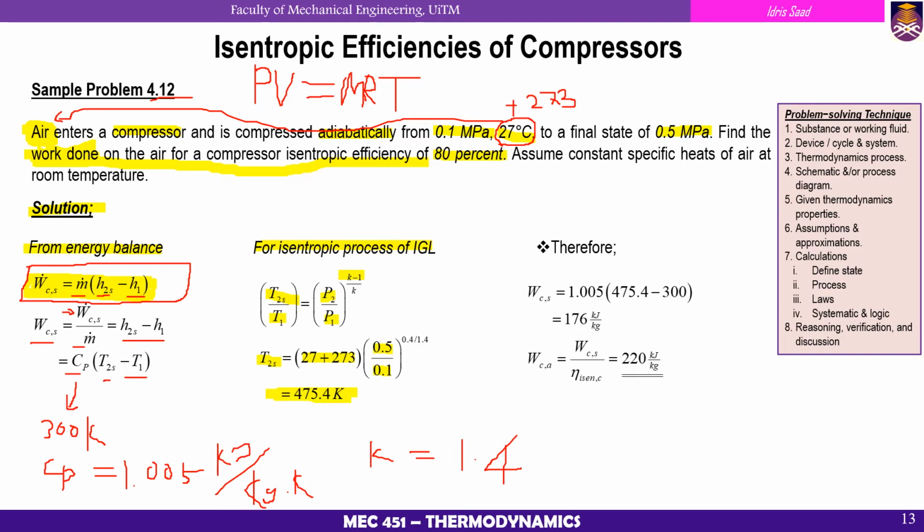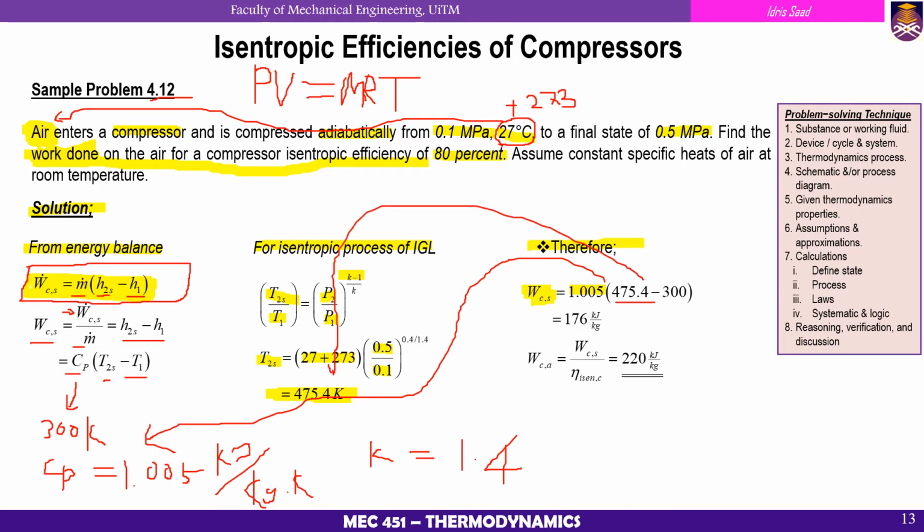Therefore we can get the isentropic work: 1.005, the value of Cp as I mentioned earlier, multiplied by 475.4, which we calculated here, minus 300. 300 is basically 27 degrees Celsius. So you can get the isentropic work of 176 kilojoule per kilogram.